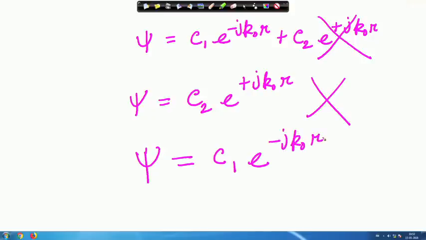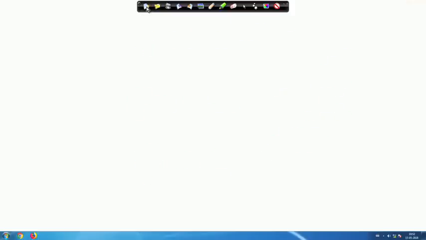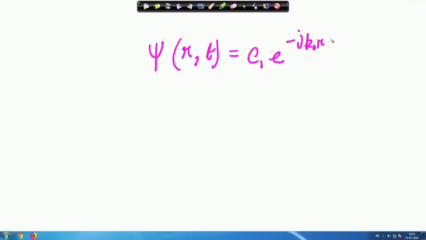okay. Now, this was a phasor solution. So, if we now write the time variation, then it will be C1 e to the power minus j k naught r plus j omega t.